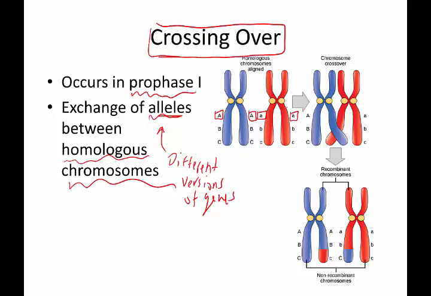So you have 2 copies of the uppercase allele and 2 copies of the lowercase a allele. So remember, these are replicated homologous chromosomes, and because of that, we have 2 copies of each of these alleles. If it was unreplicated, it looks something more like this. You have A, B, C, A, B, C.